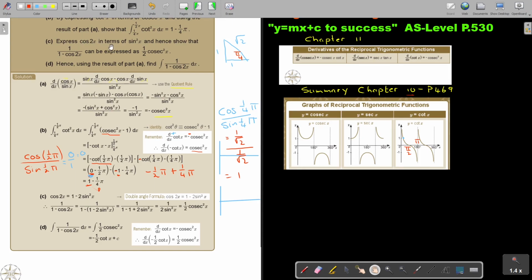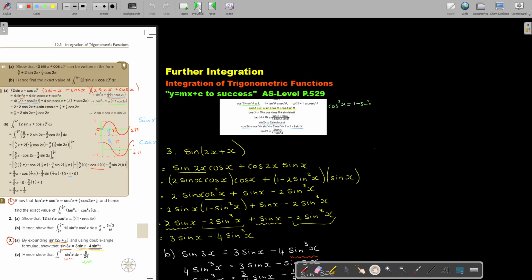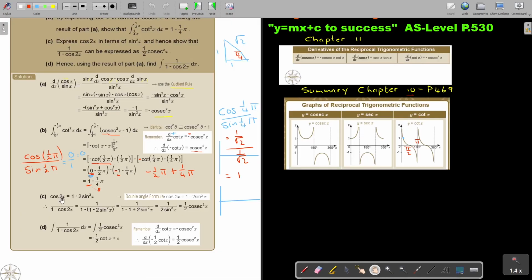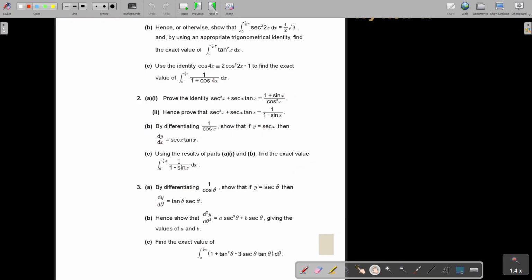Express cos 2x in terms of sin squared x. Okay, double angles, and you can again go to your formula sheet and hence show that. So in this case, this is my double angle, and let me just show you. I can just remember cos is having so many, but now if they say express cos in terms of sin, you will go to the sin one.